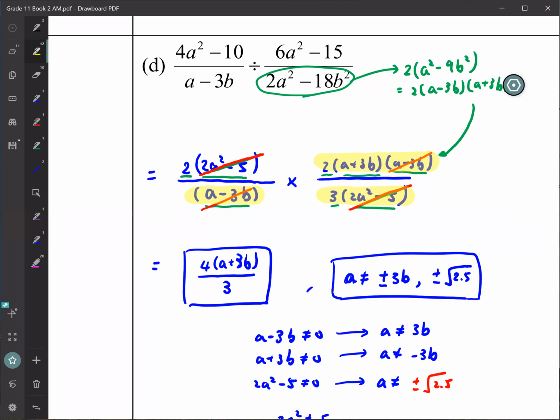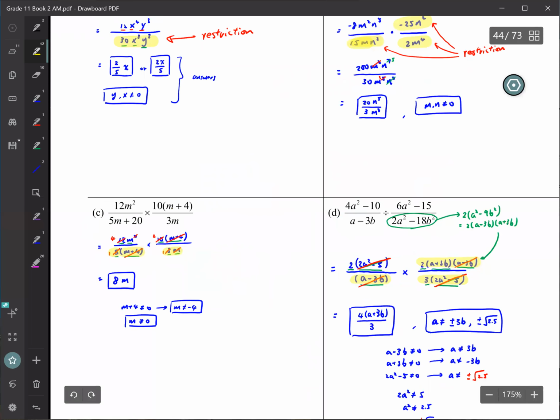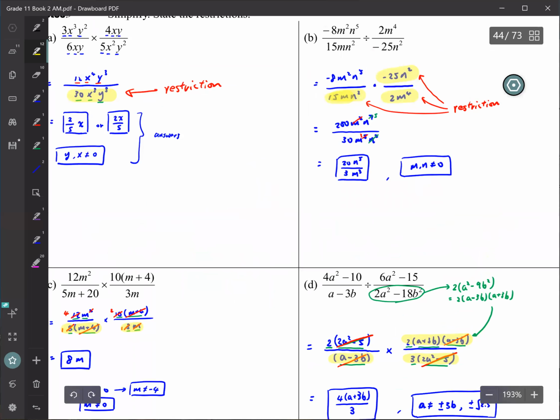For each part, just one restriction. So that's why we only solve for A. I hope that clears your confusion. Good question. Same with question B: M and N are separate parts, so you need two separate restrictions.